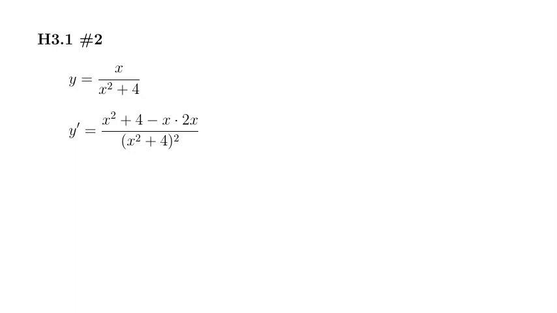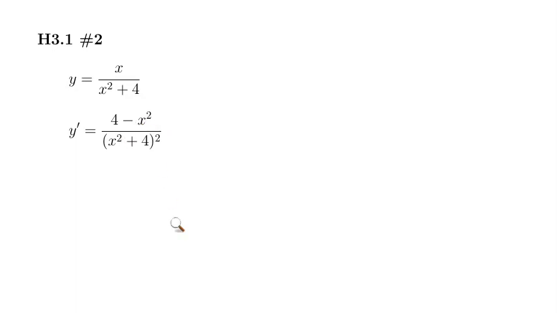Then we can simplify because we can combine x squared and a negative 2x squared to get just a negative x squared.